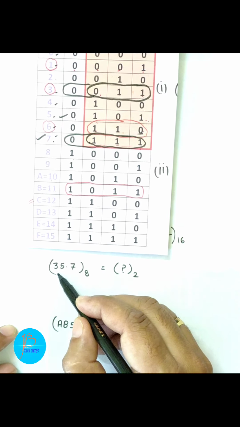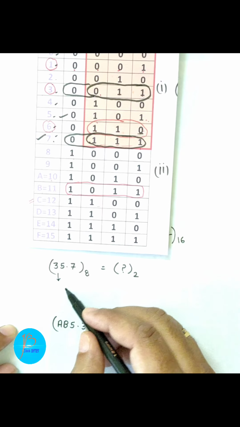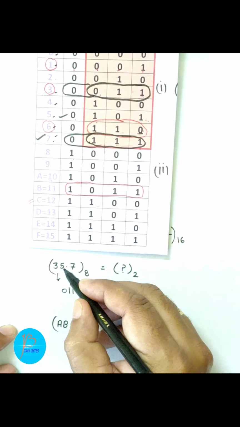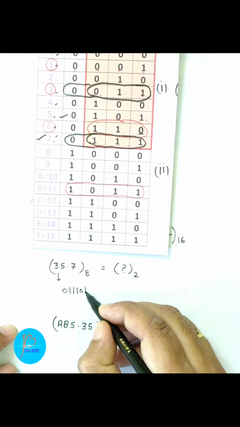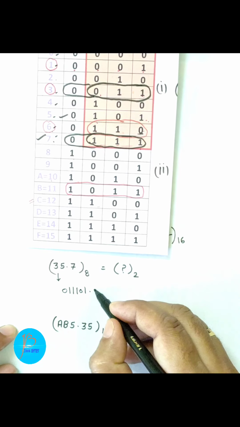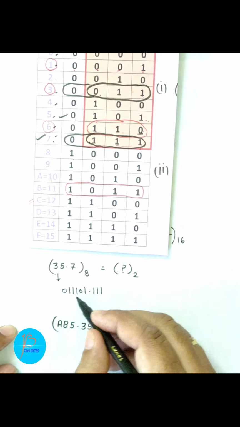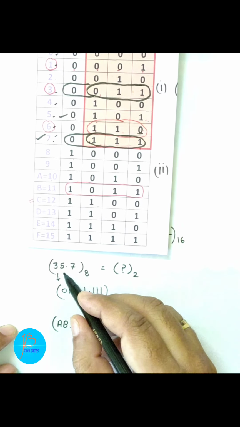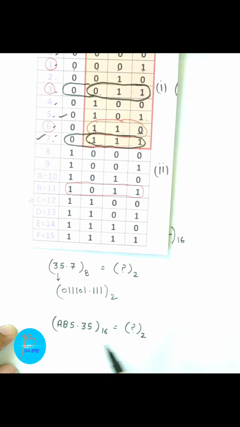For 3 it is 011. For 5 it is 101, point, and 7 is 111. So it is your answer: the binary equivalent of 35.7 is this.